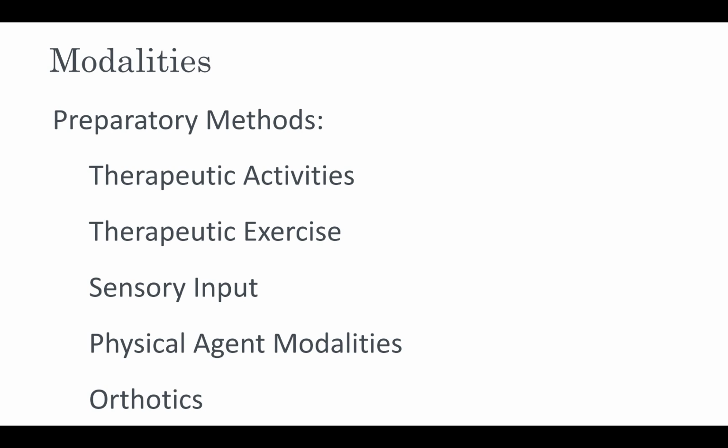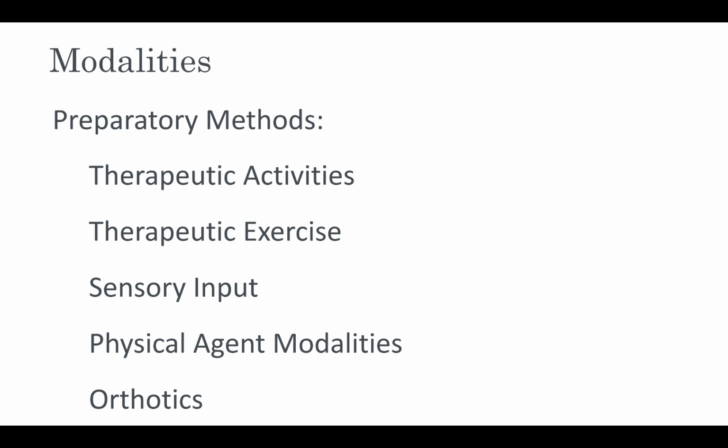So when we talk about preparatory methods, these are activities, exercises, sensory input, physical agent modalities, or orthotics that we use to help a person get to an occupational-based activity. So you might find that somebody's going to do arm exercises in order to increase their strength so that they're able to comb their hair, or braid their hair, or get dressed.